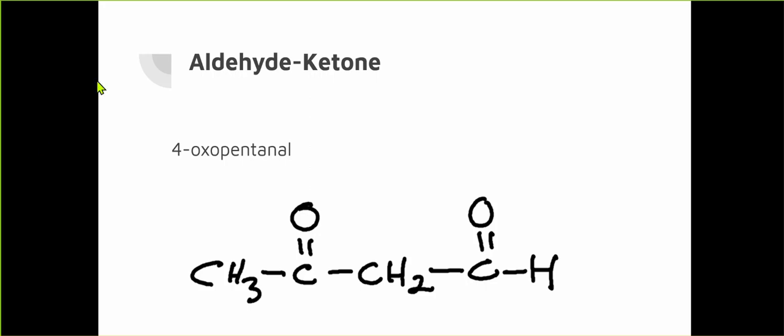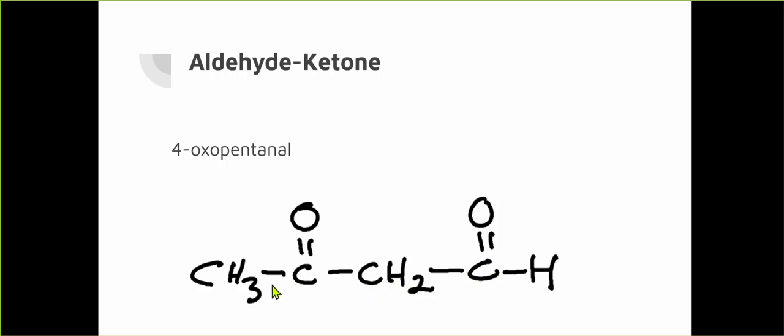Okay, I did go back and fix this slide during the break. And thank you, Andrew, for catching this. So this is, again, the aldehyde does take precedence over the ketone, but I had the name wrong. This would be 4-oxopentanal, oxo denoting the double bond with the oxygen. And you've got 1, 2, 3, 4.